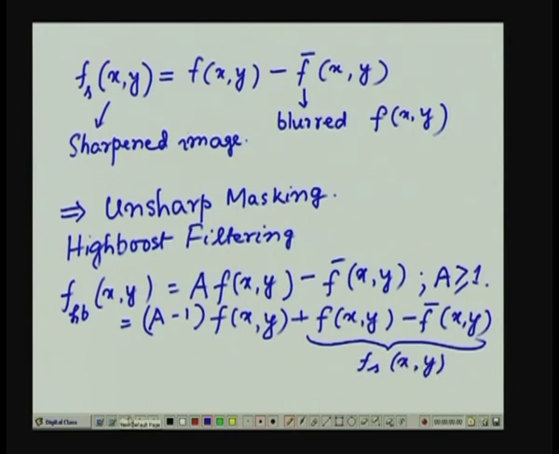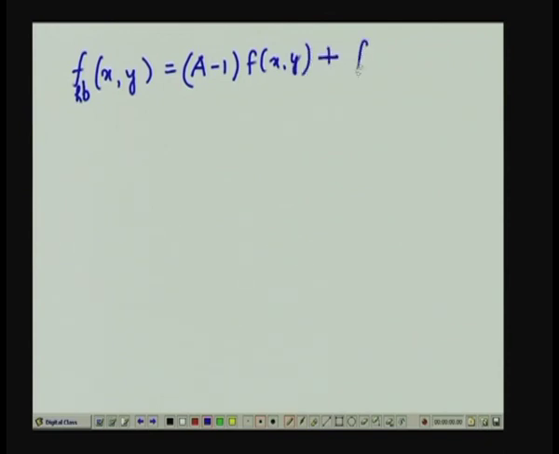So, the expression that I finally get for high boost filtering is f_hb(x,y) is equal to (A minus 1) f(x,y) plus f_s(x,y).